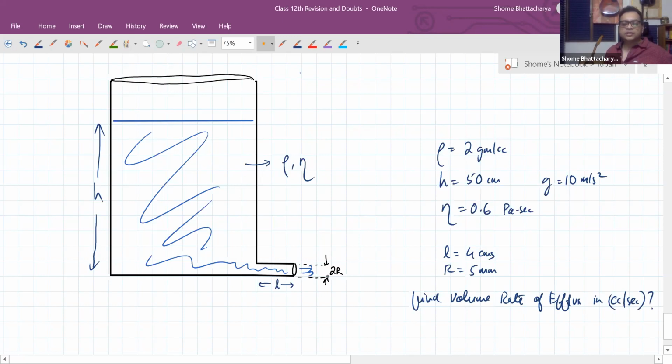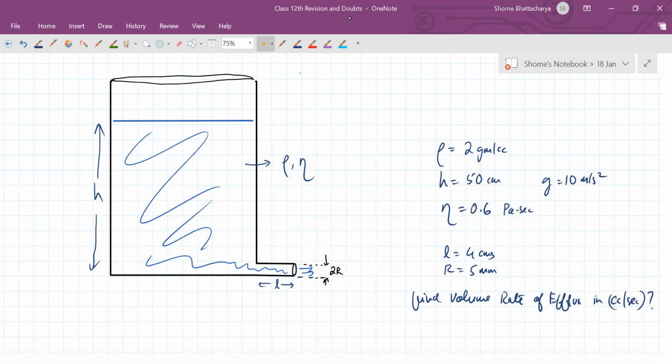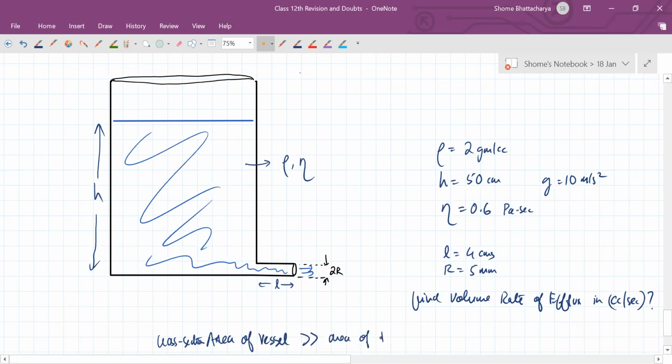So from here the liquid will be coming out, what is the volume rate of efflux? And assume that the cross sectional area of the vessel is much larger than the area of the capillary, that is pi r square at the bottom.